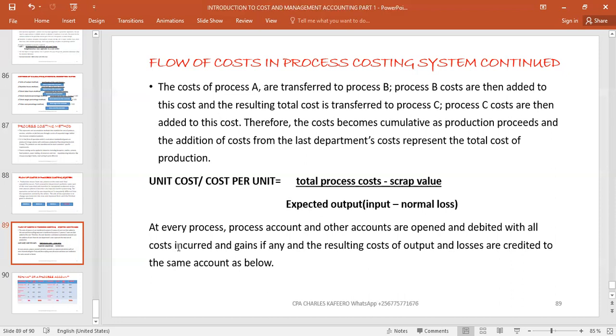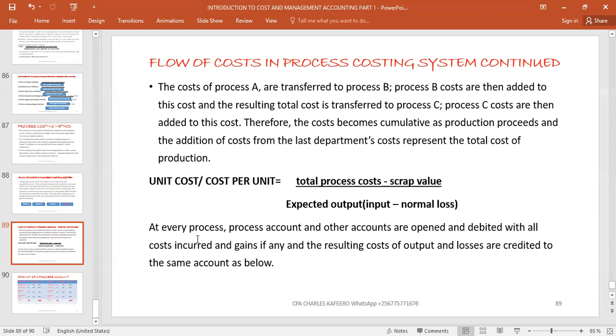Okay, we are saying that at every stage or at every process, accounts are opened and debited with all the costs incurred in the production. You should remember this. It is debited with all the costs that are incurred in the production and the gain, if any.